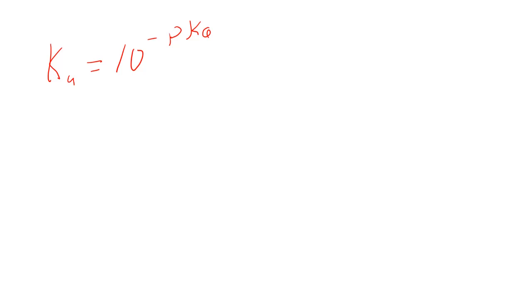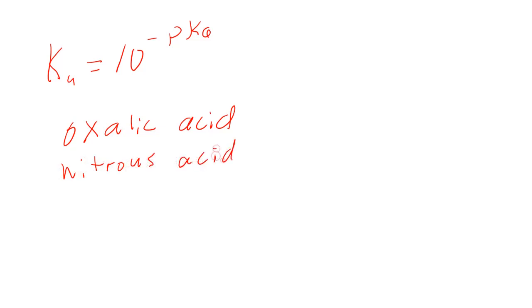Once you do that, you are then going to complete the discussion question. You're going to look up the 3 Ka values of the weak acids used in this experiment in your book. You're actually only going to use one, but I'm going to have you look up 3. The 3 that I'm going to have you look up are oxalic acid, nitrous acid, and hydrofluoric acid.